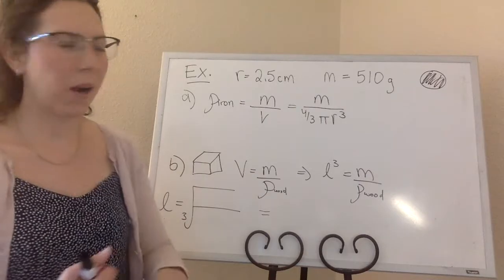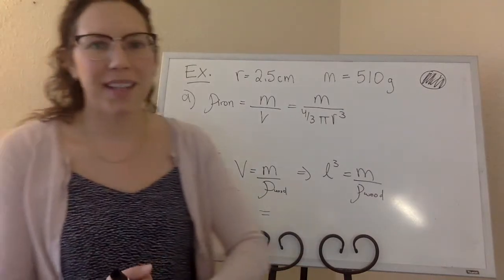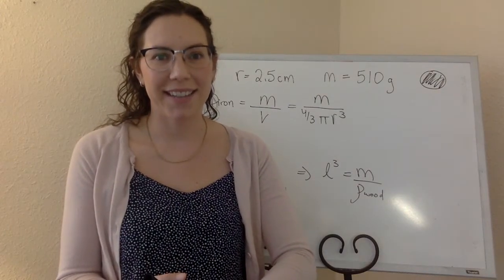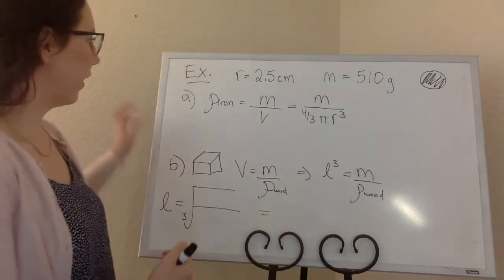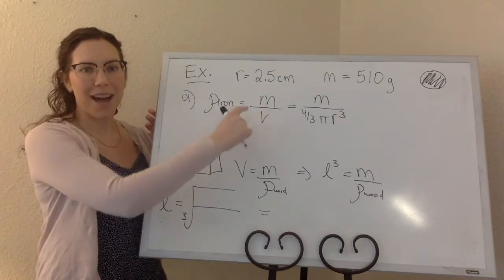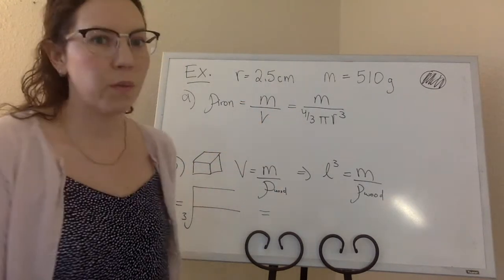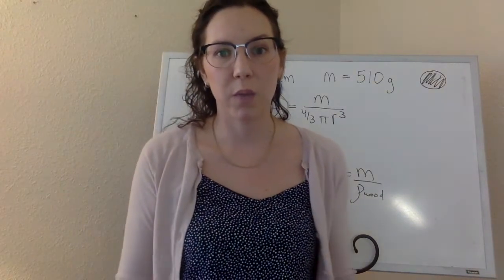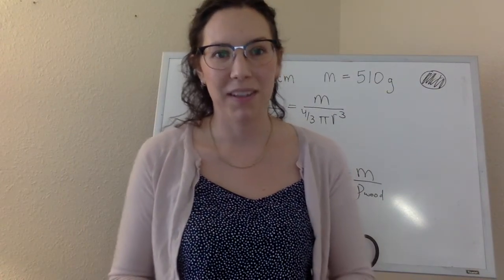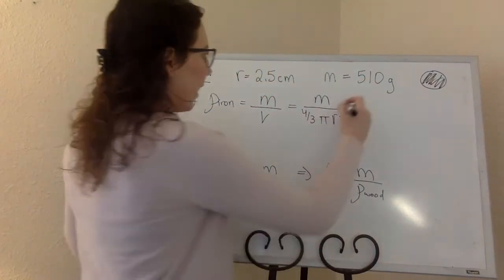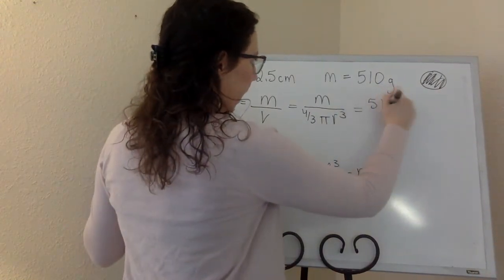Okay, so in the first part, we can use the radius and the mass of the iron to calculate its density. So here I've written the density of iron equals mass over volume, and then I'm going to plug in the expression for the volume of a sphere, which is 4 over 3 pi r cubed. Okay, so plugging that in, I have the mass, 510 grams.